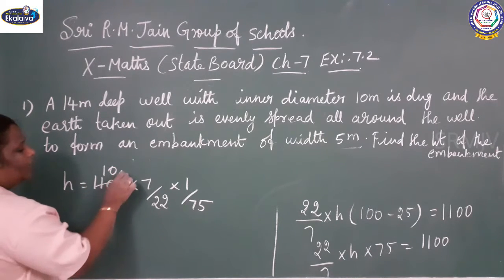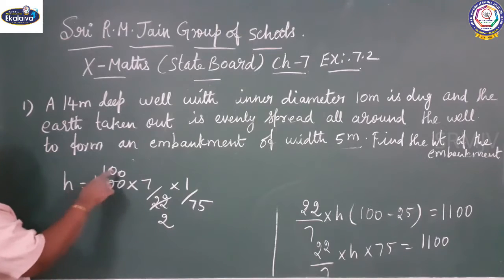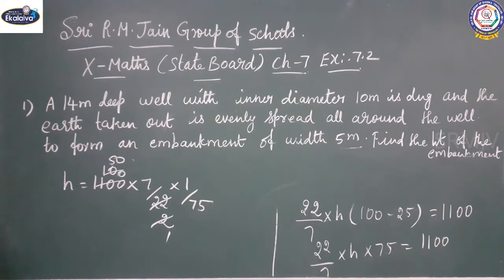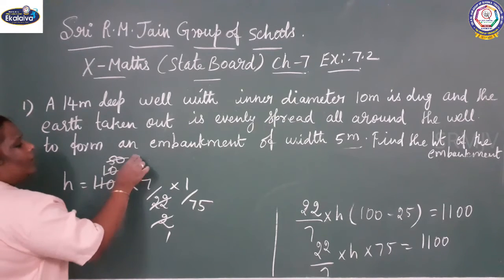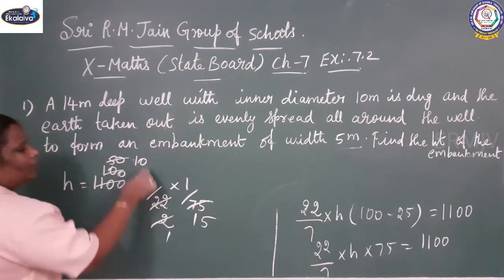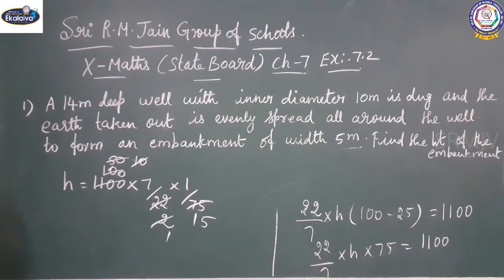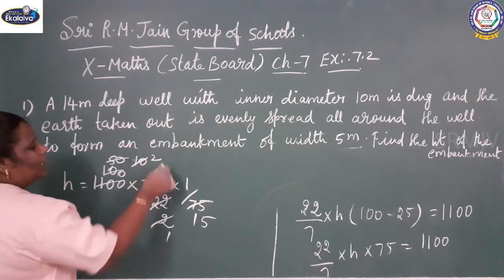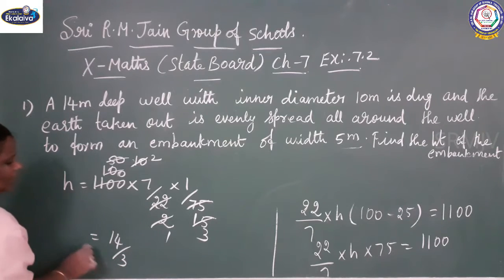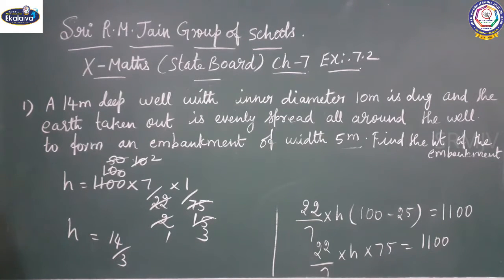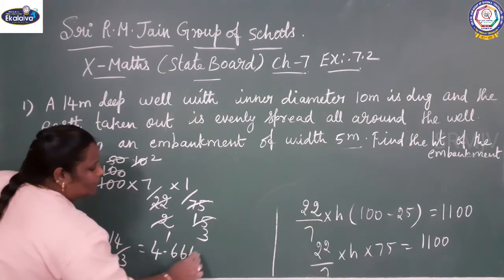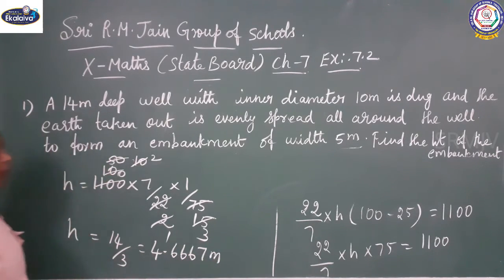Simplifying, we get h equal to 14 by 3. So you can divide and get the value 4.6667 meter.